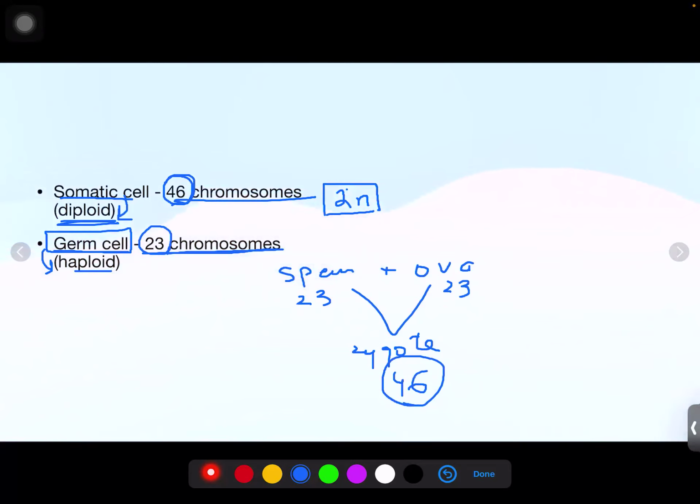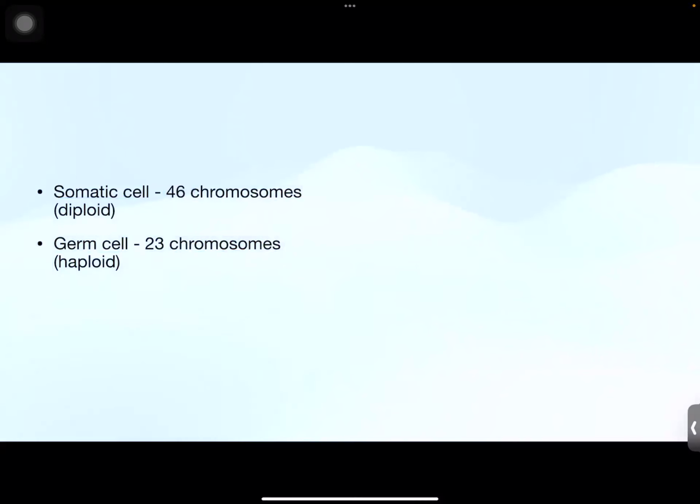So germ cells have 23 chromosomes and they are haploid. Haploid means only one set of chromosomes, 1n. So wherever 1n is written, it means haploid. Where 2n is written, that will be diploid. So somatic cells are diploid and germ cells are haploid.